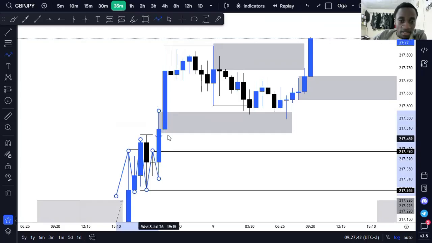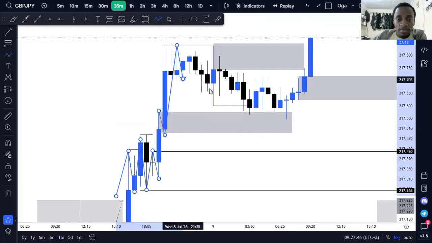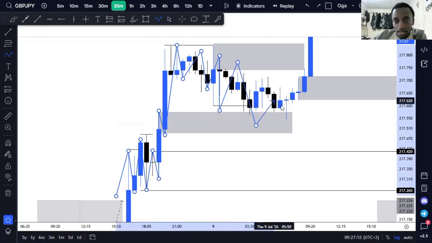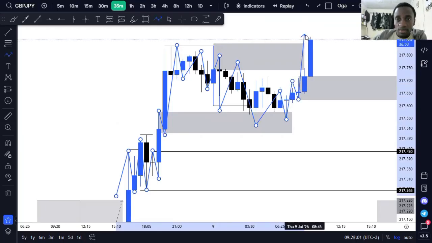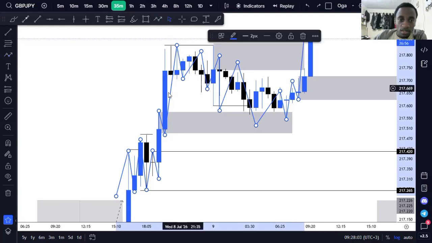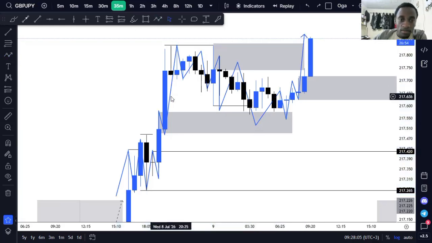I believe there's a structure here on lower time frame, pushed higher, then later it's been consuming itself and then dropped to this area, presented a structure, pulled back to it, and it has presented another structure, and right now price is at this point. So we can adjust it to the left side.